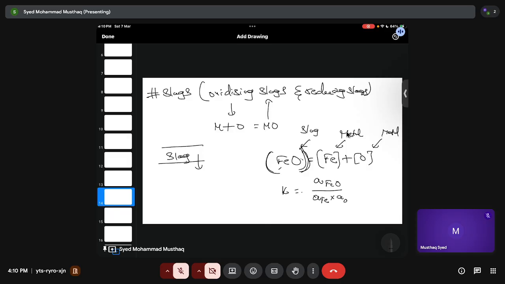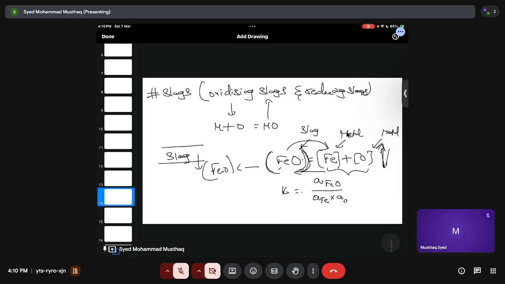So if my oxygen in the metal bath increases, then this reaction moves forward and you will have FeO. If this goes down, then the FeO will get reduced.